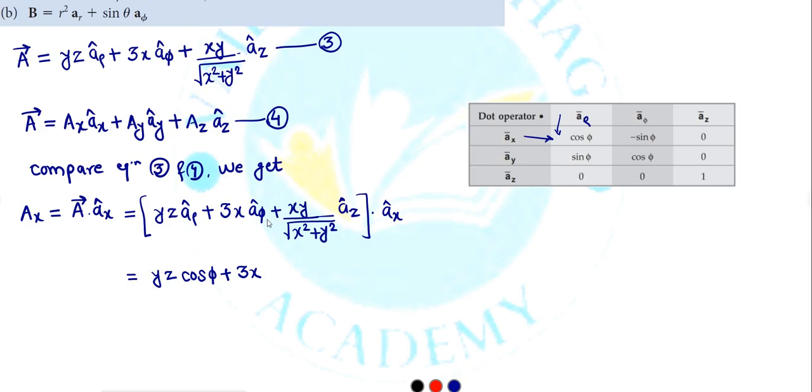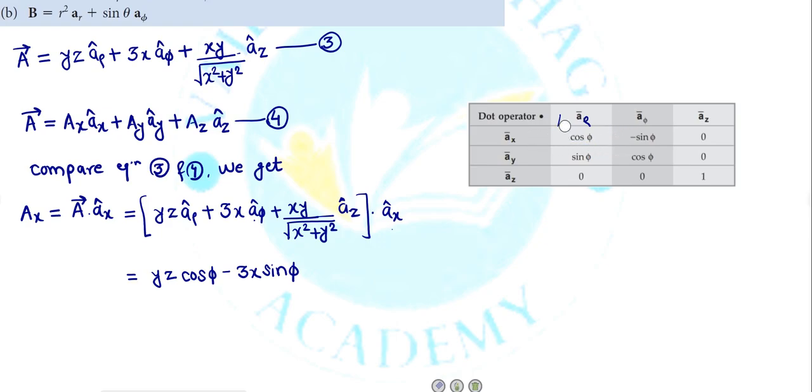Now we have the dot product between this a phi and this ax, which will be minus sine phi. So that is 3x as it is, minus sine phi, and then the dot product between az and ax. So the dot product between, let me rub it for you.